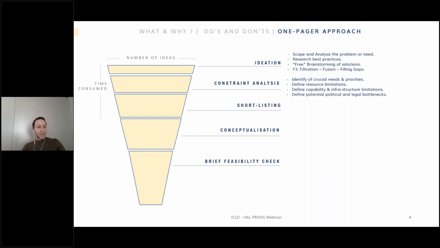Potential political and legal bottlenecks, well, I'm writing bottlenecks here, but I can call them annoying things happening all the time.